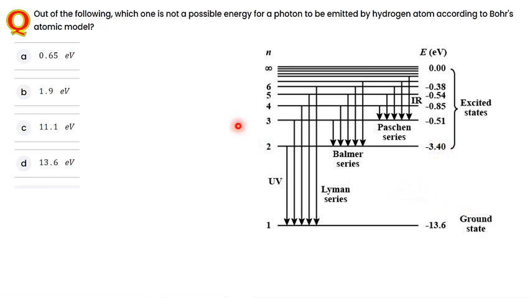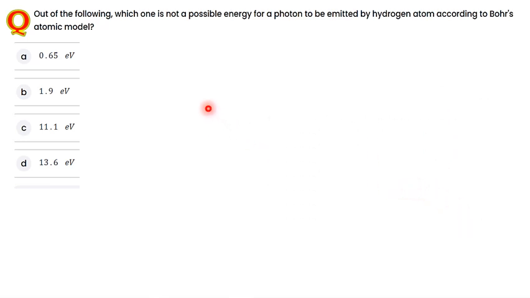Let me tell you how you can find this with the help of a formula, which can be used to find the energy in the different states. For the nth state, E_n is equal to minus 13.6 electron volt divided by n square, where n is the orbit number.